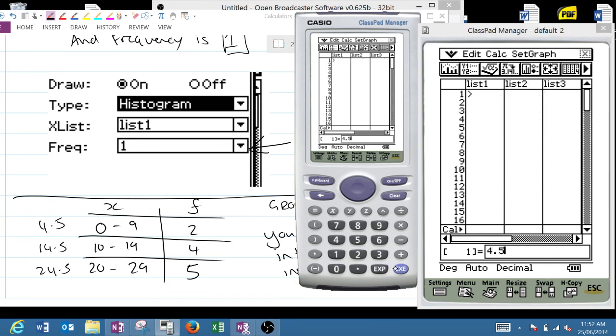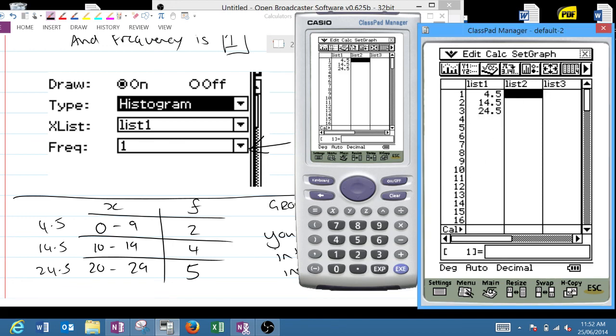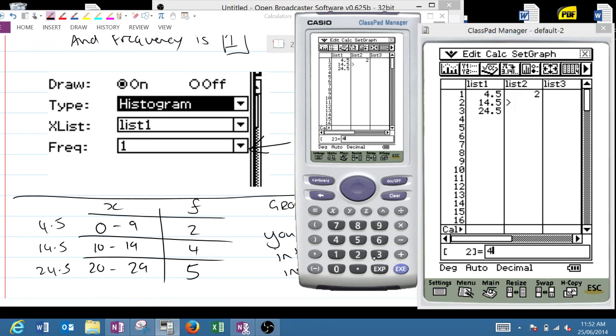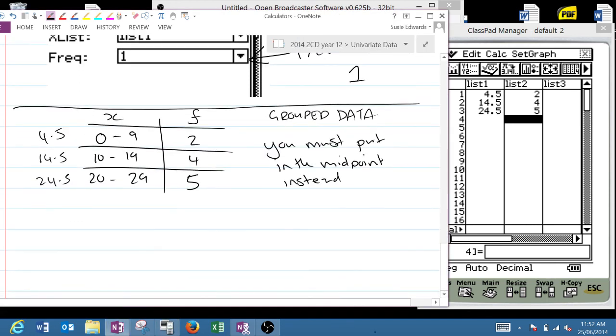Then the frequencies: 2, 4, 5. Okay, after that we do exactly the same thing. Where's frequency for this one? List 2, good. So frequency is in list 2.